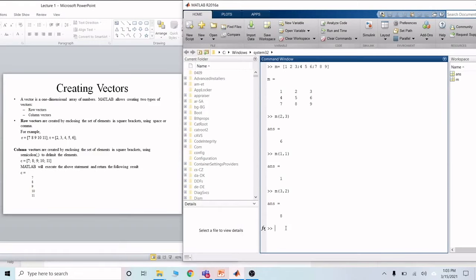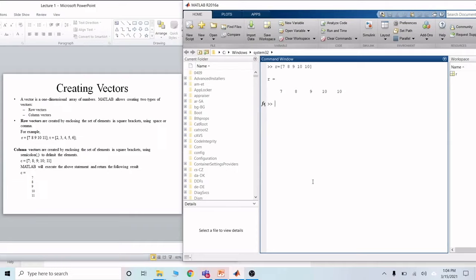Okay, now let's see. Clear, to clear the workspace, and clc to clear the command window. Now write R is equal to 7 space 8 space 9 space 10 space 11. Then enter.